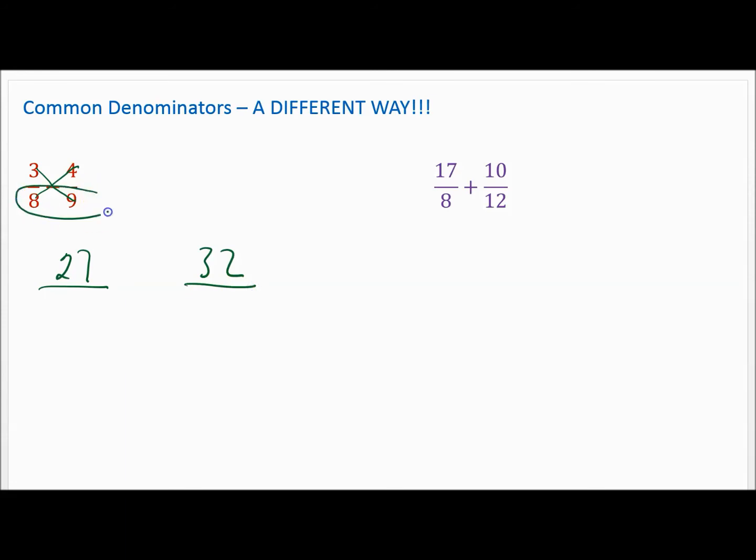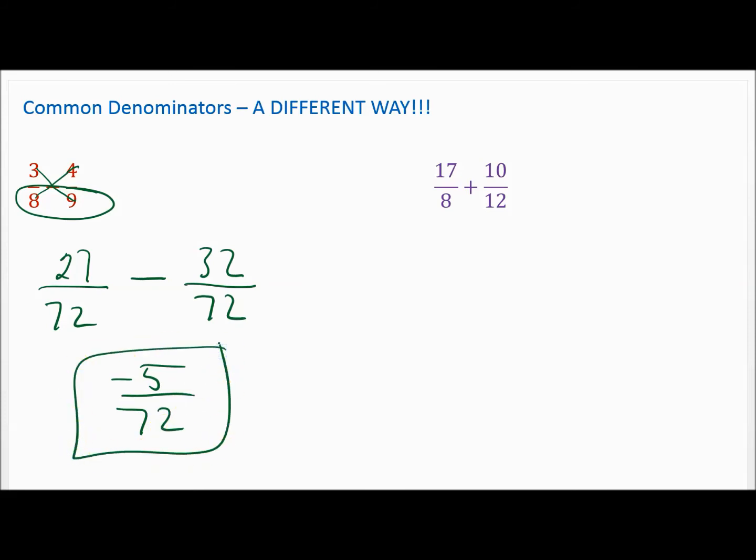And then you multiply 8 times 9 on the bottom, and that gives you 72 and 72, and whatever operation you put in the middle. That is a trick to get you by, okay? But the problem is the numbers get really big sometimes. So in this case, it works out exactly like the problem we did earlier when we worked it out. 27 minus 32 gives you -5, and you keep the 72, and that does not reduce.